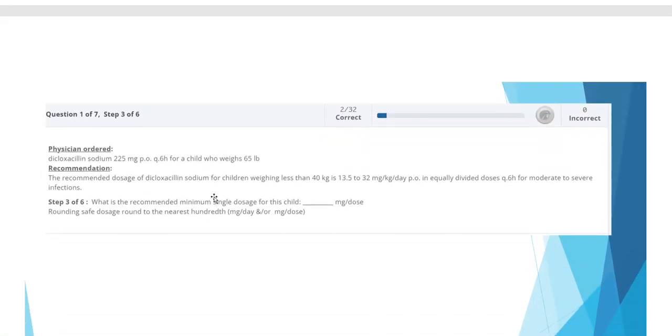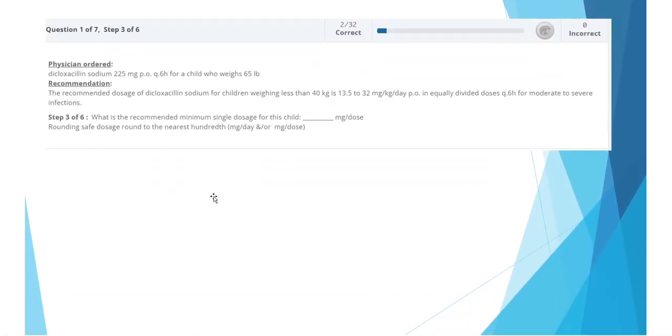And then the next part is asking for the minimum single dosage for this child. If we know that it's 398.25 milligrams per day, then all we have to do is divide this by our doses per day.